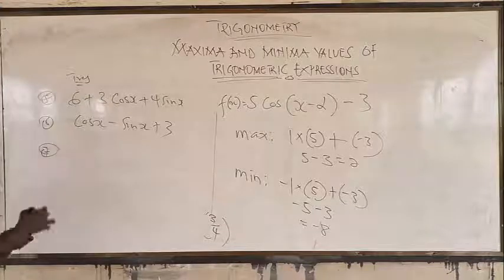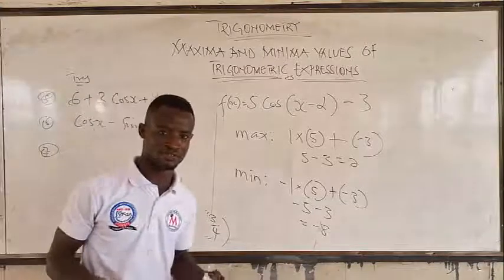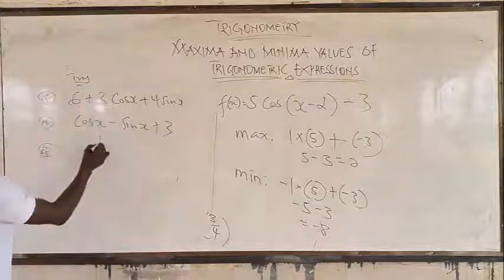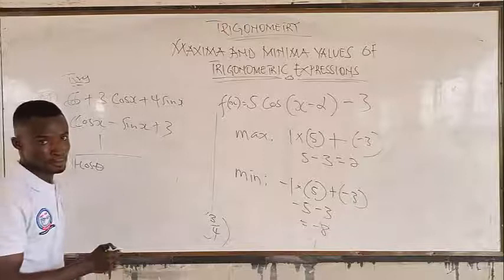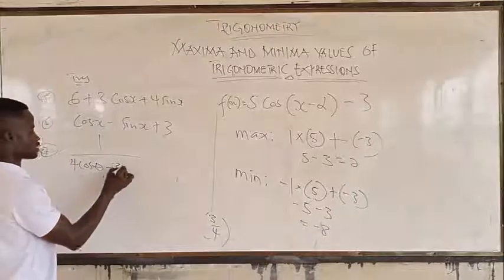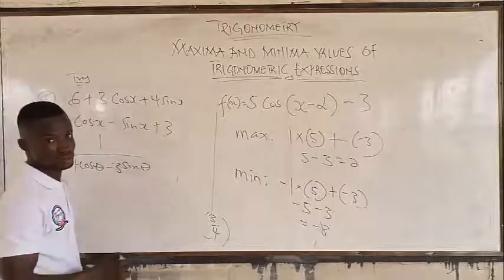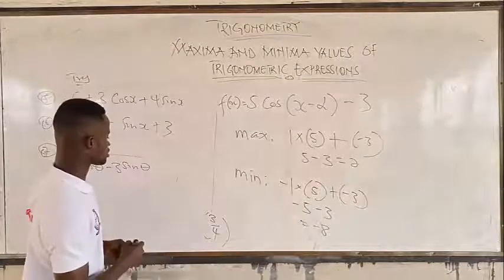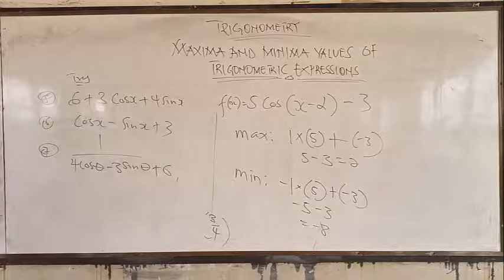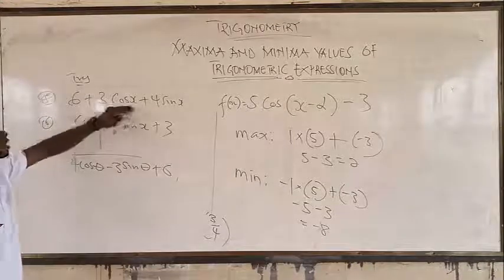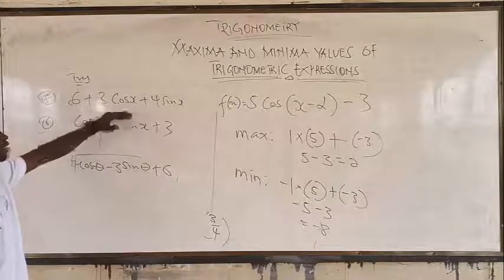Then 7, I may help you with the 7 parts: 1 over 4 cos theta minus 3 sin theta plus 6, the whole of that on the denominator. So please do this and this on your own, the 5 and the 6.